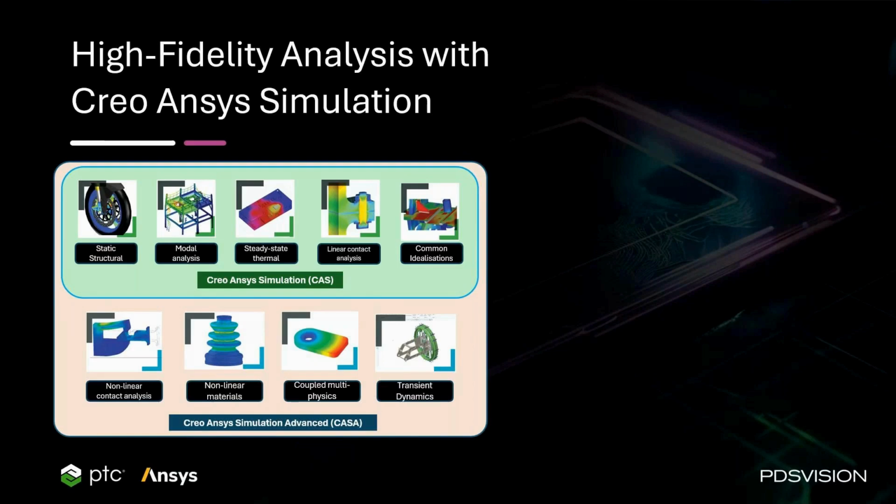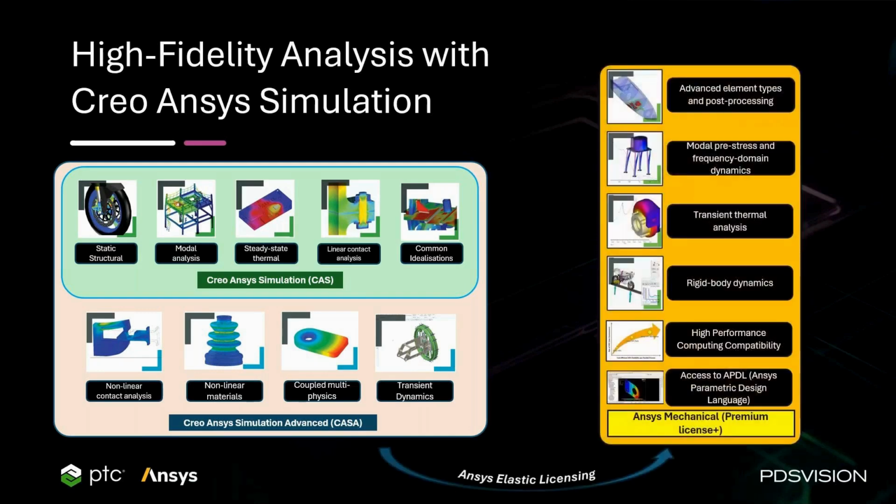For all but the most complicated models, Creo Ansys Simulation Advanced provides all the tools that a design engineer might need for validation. Despite this, should you need to access the high-performance computing power available in Ansys Mechanical Standalone, for example, or if you want to test a very specialized setup that isn't supported in Creo Ansys, you also have the ability to seamlessly export a Creo Ansys model into a setup file, which can then be read straight into Ansys Mechanical Standalone.